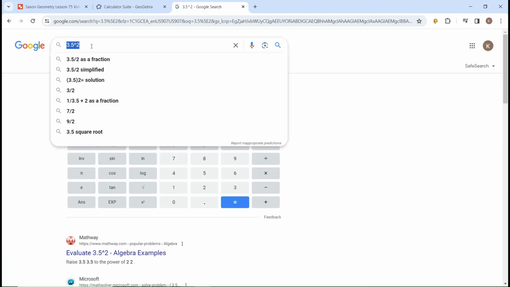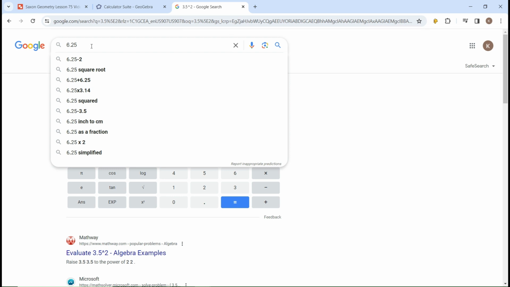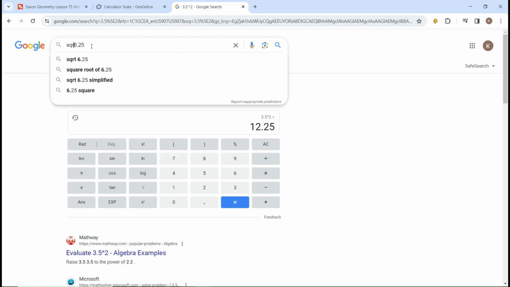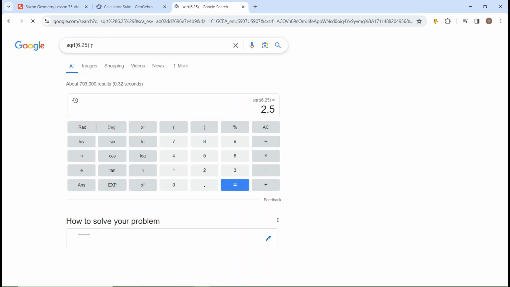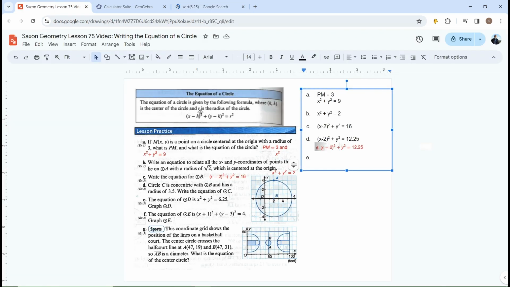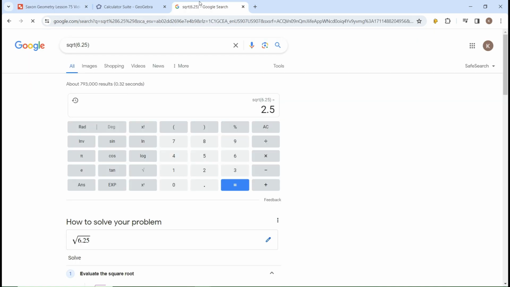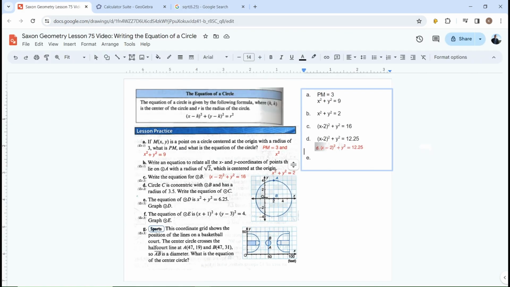Because 6.25 is the radius squared. So I need to do the square root of 6.25, and I find that that value is 2.5. So if I were to graph this, there's nothing shifting it away from the origin. So this is going to be a circle on the origin with a radius of 2.5.